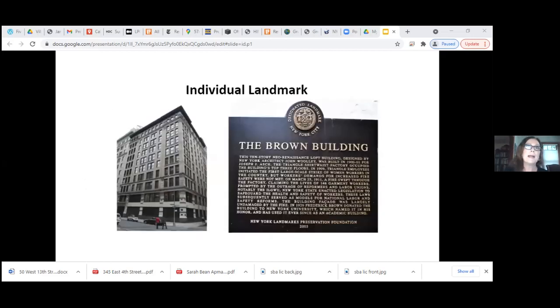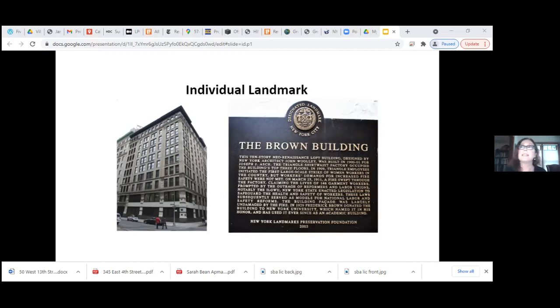So there are 4 different types of landmarks, the first of which is individual landmarks, such as the Brown Building, which is famous for the Triangle Shirtwaist Factory fire in 1911. It was designated a New York City landmark in 2003, and it is located at 23-29 Washington Place, built between 1900 and 1911 and designed by architect John Woolley in the Neo-Renaissance style.